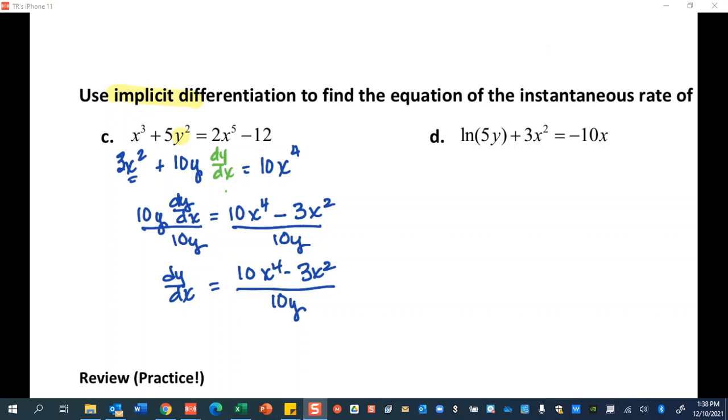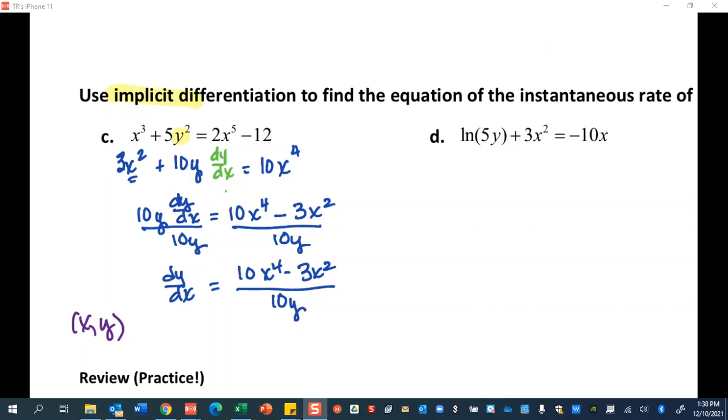What I'm waiting for is if somebody gives me an xy ordered pair and says, hey, can you calculate the instantaneous rate of change at this point? Sure, I can plug in. But until somebody gives me an x and y, that's good enough. We good on that? Okay.